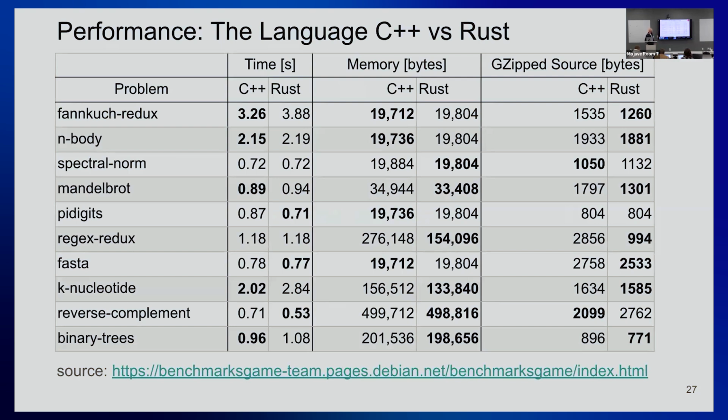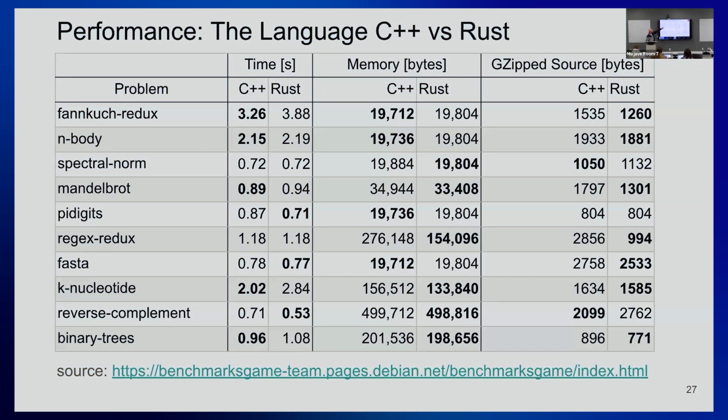There's this big suite of benchmarks called the benchmarks game, where people can submit their implementation for any of these problems in lots of different languages, and then they benchmark all of this and give you a big data set that shows how they perform.